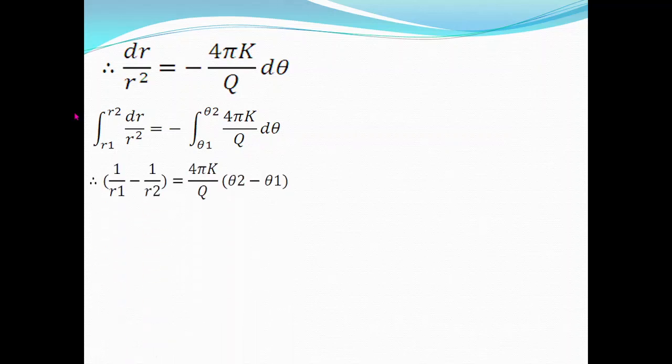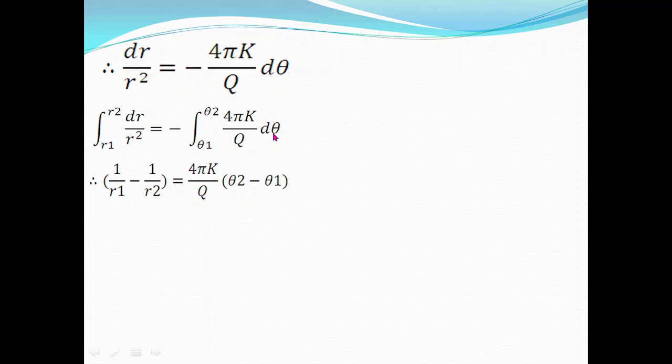By solving, the integration of 1 by r square is minus 1 by r, and by putting the limits we get 1 by r1 minus 1 by r2. Due to the minus sign, this r2 goes with a negative sign, and here 4 pi K upon Q is constant and remains as it is.